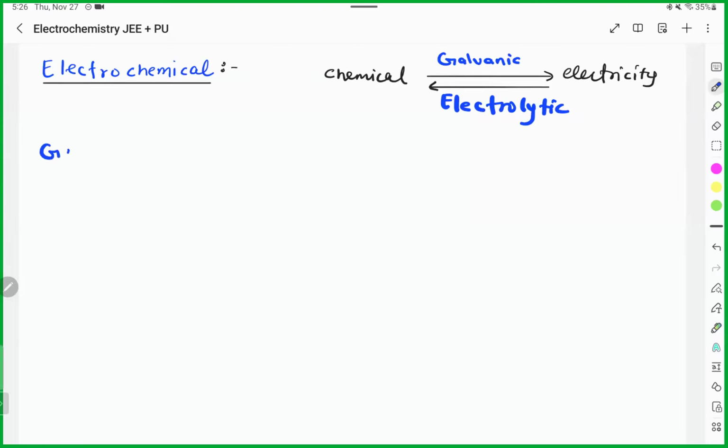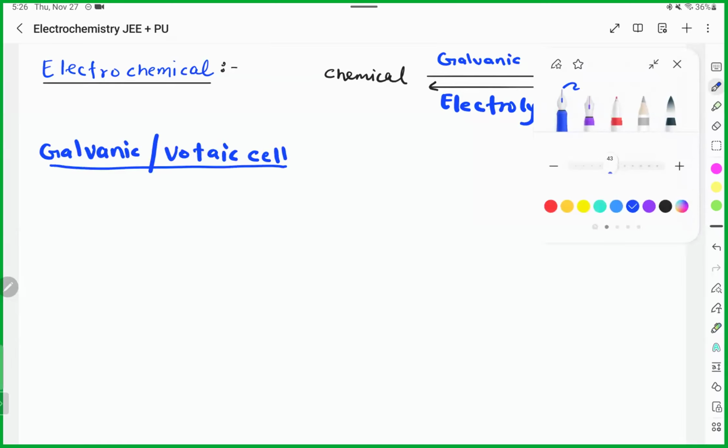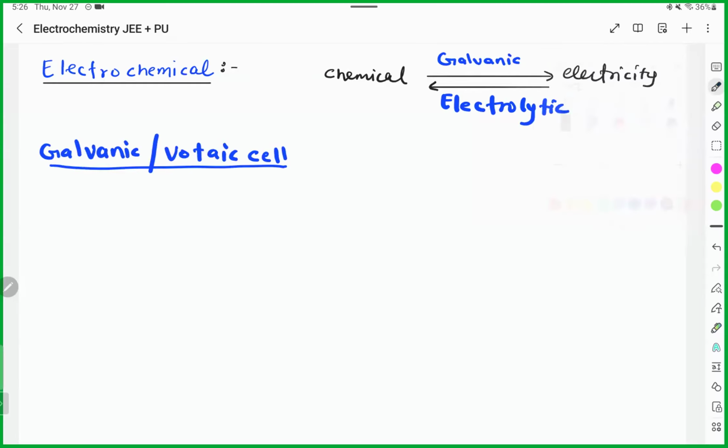When we talk about this galvanic cell, another name of the same cell is the voltaic cell, a cell that converts chemical energy into electrical energy. But more important for your exam point of view, this is a spontaneous reaction.